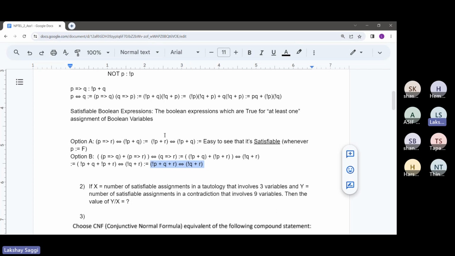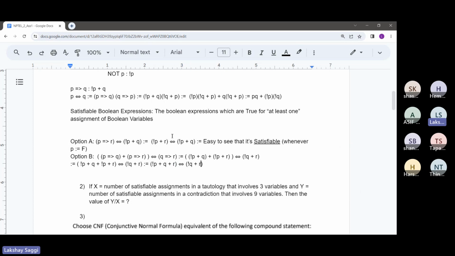Now for this to have a truth value of true, let's just view this expression as E1 and this expression as E2. So E1 double implication with E2 will be true either if E1 and E2 both are true or if both are false. And we can easily see that E1 and E2 can both hold true at the same time by assigning R a truth value of true.